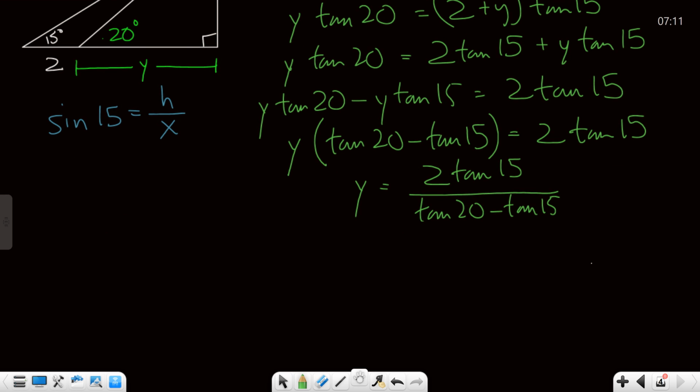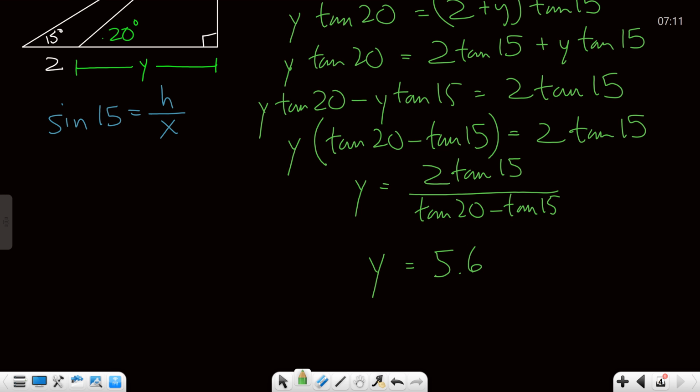Okay, what's that value? Well, I've got to pick up my calculator here, being careful again with parentheses. And this y value is 5.6.